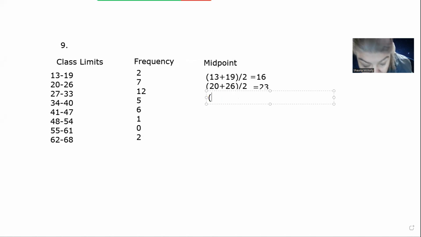This is 27 plus 32 divided by 2. This is equal to 30. And then we have 33, well, 34 rather, sorry. And this is 33, not 32. So it's 33.